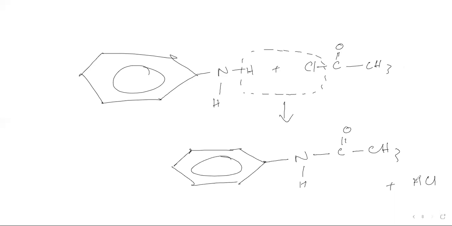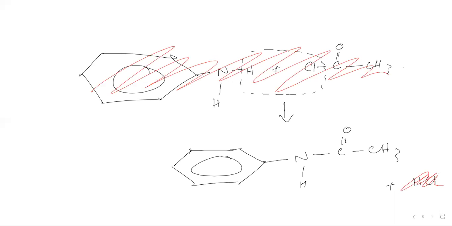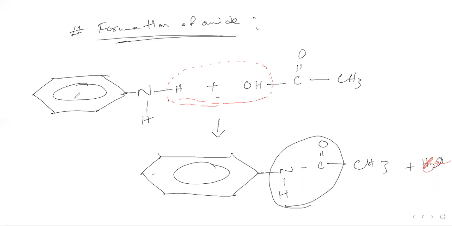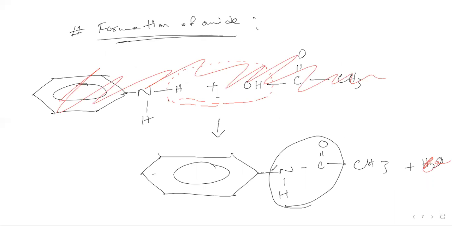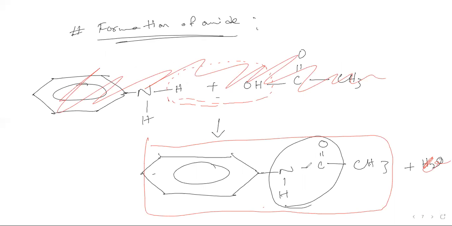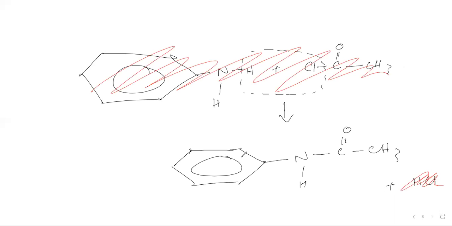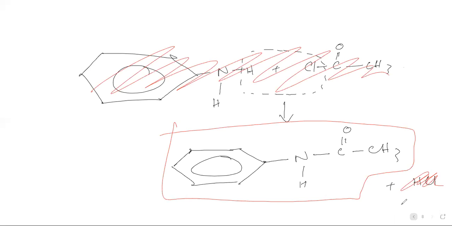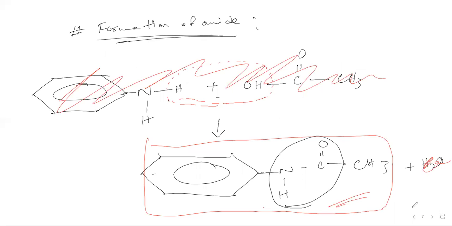Let's say we don't know which compound it reacted from and what the byproduct is. Just by observing this structure and the product of this one, both are identical, isn't it? Completely identical, no changes there.